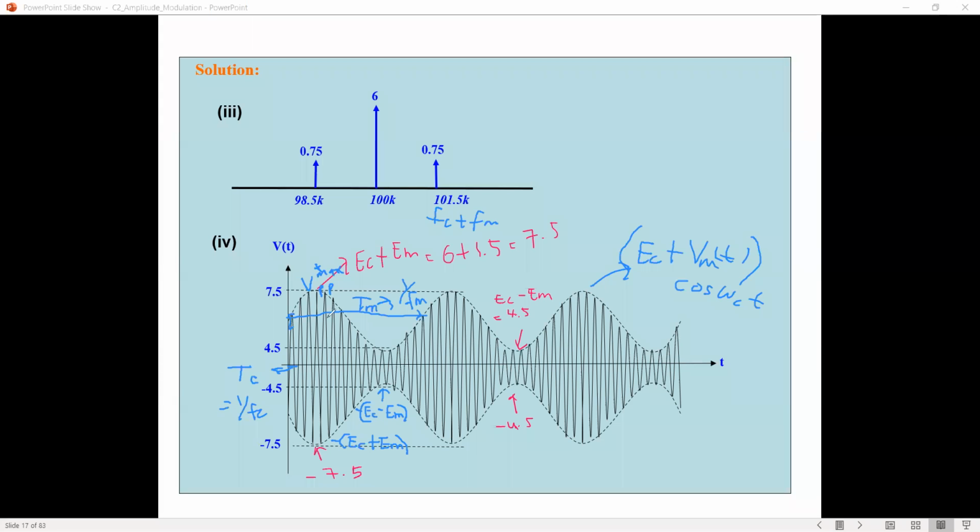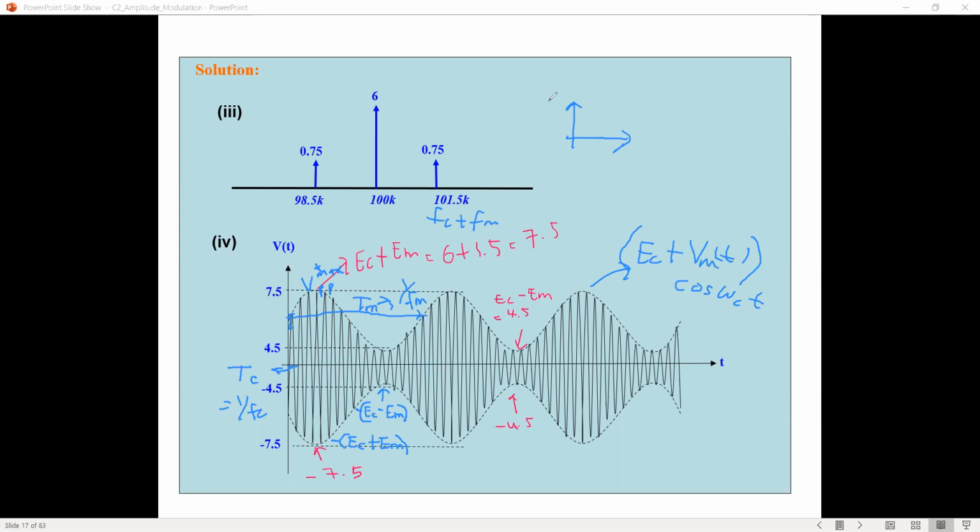Like I said, this one cycle is TM, so you can get FM from it, and from one cycle of TC you can get your FC. So they are related. The same signal, exactly the same signal. It's just how you represent them.